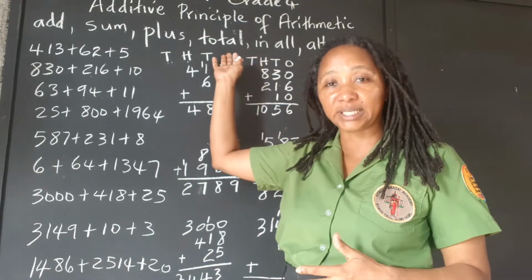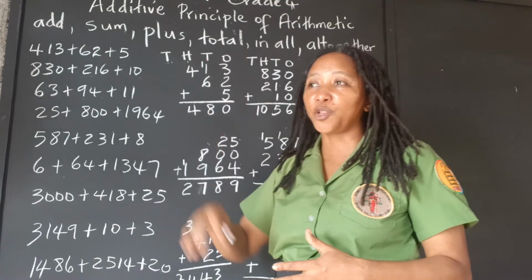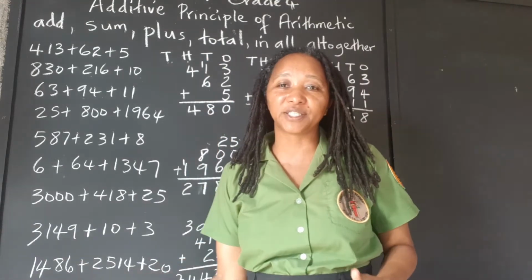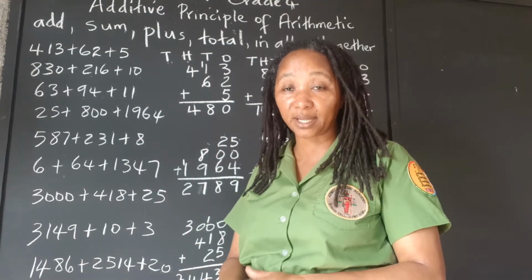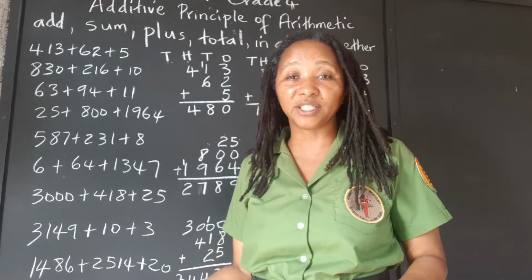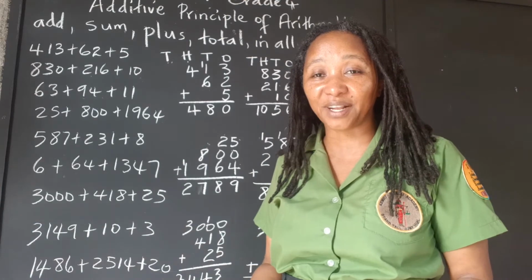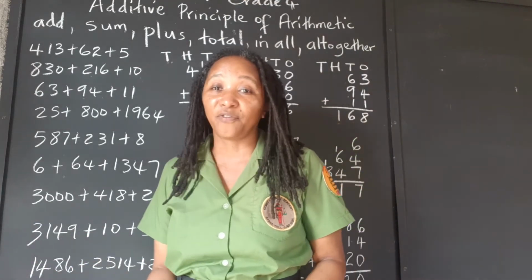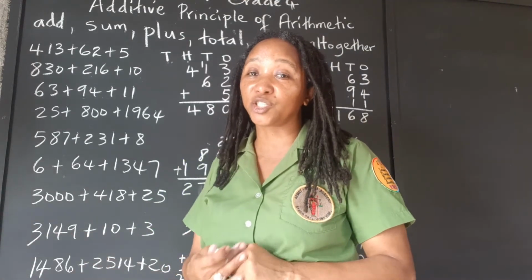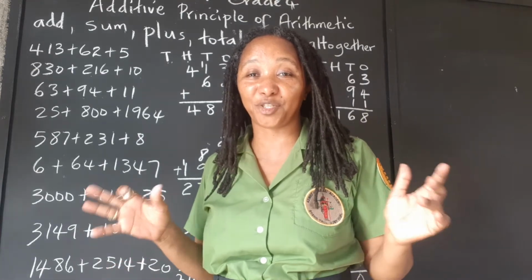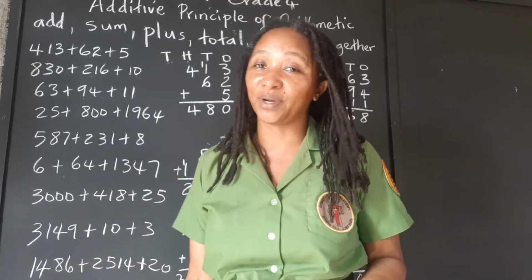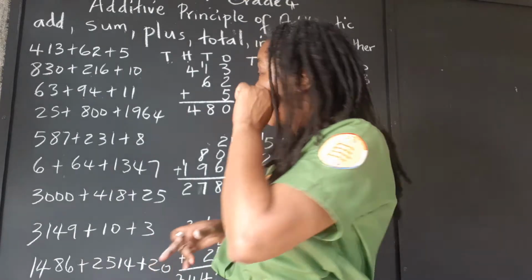Or what is the sum of this number and that number? What is the total? So a number of mangoes fell from the tree in the morning, a number of mangoes fell from the tree in the afternoon, a number of mangoes fell from the tree in the evening. If you're like me, you're always watching to see how many mangoes are falling from the tree to go and pick them up, because I'm a mango head, right?